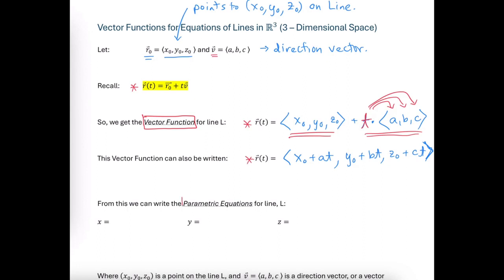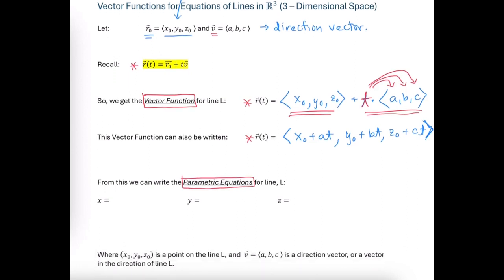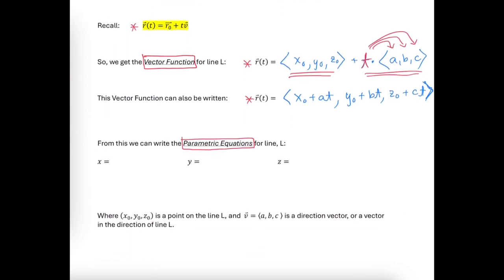But then we also have parametric equations that can be used to express the line. If we think about the vector function, this is essentially a parametric equation for the value x. So we can take this x component and turn it into a parametric equation. Our x value can be expressed parametrically as x naught plus at.